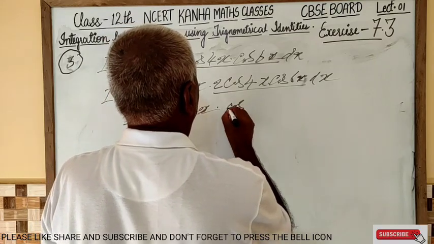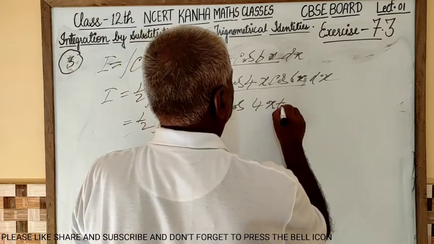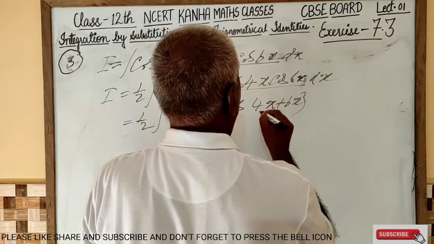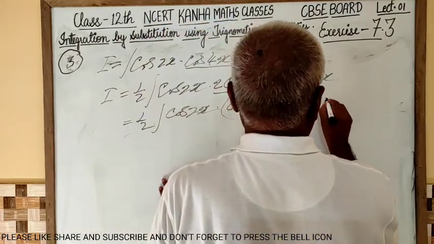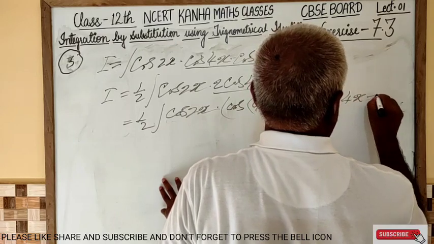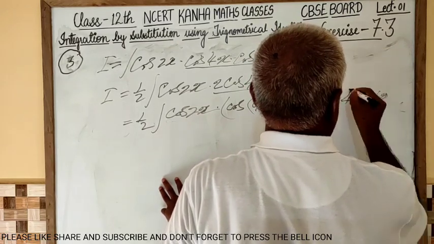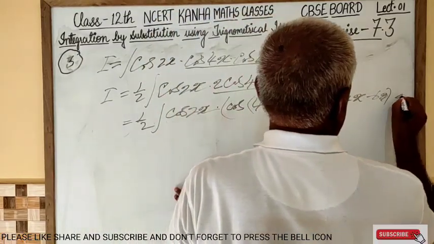This will be cos(4x plus 6x) plus cos(4x minus 6x) dx.